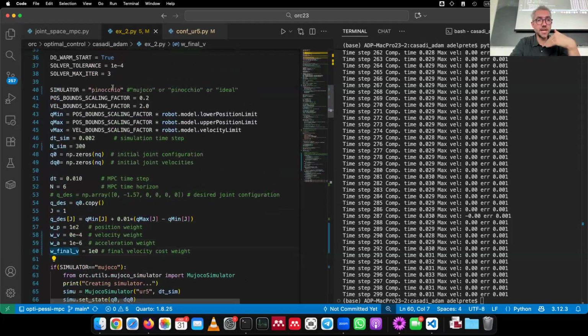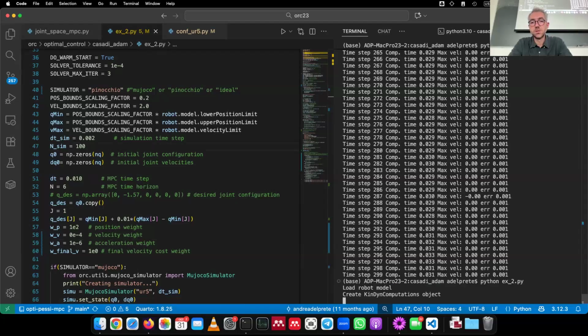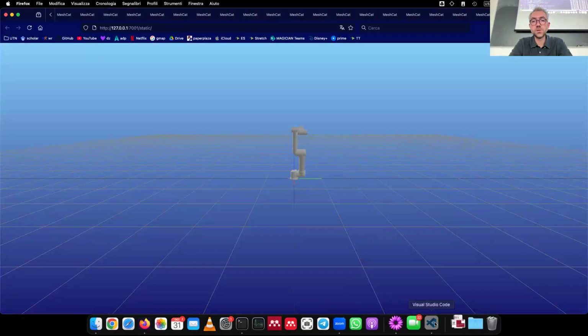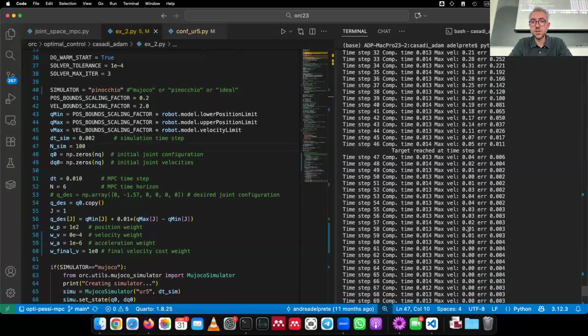And with this setting, even using only 3 iterations, the solver was able to work. So it goes straight there, and we reach the target in only 47 time steps. So this was kind of the best configuration we were able to find.